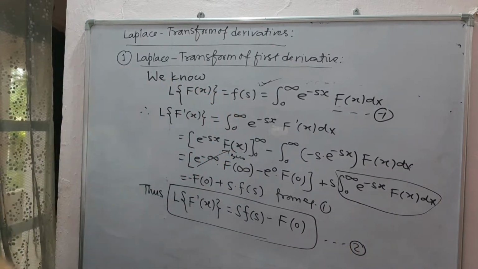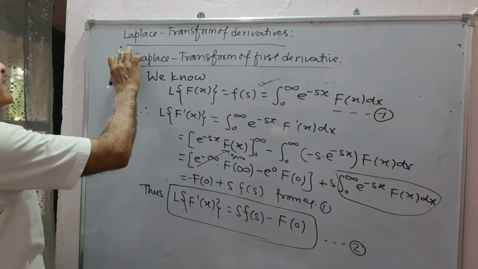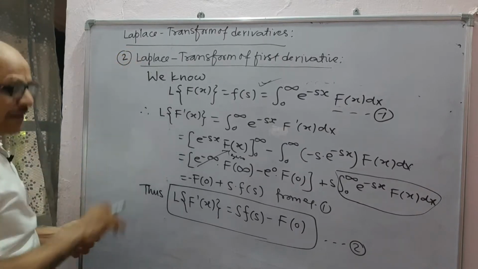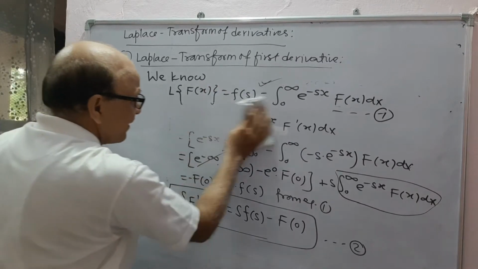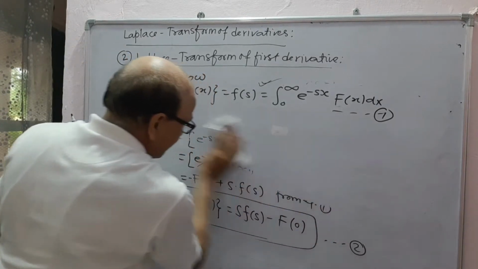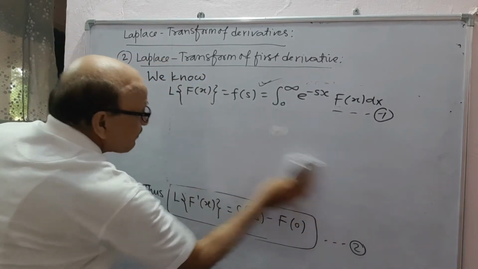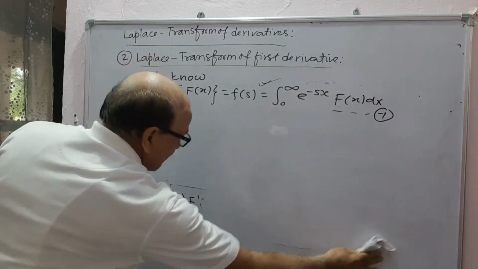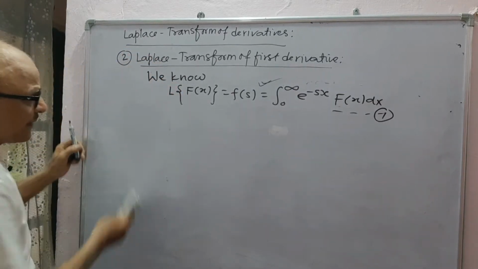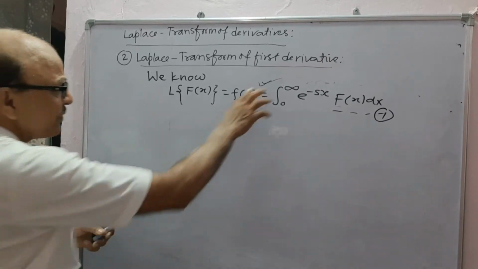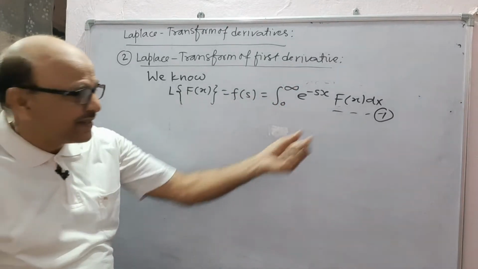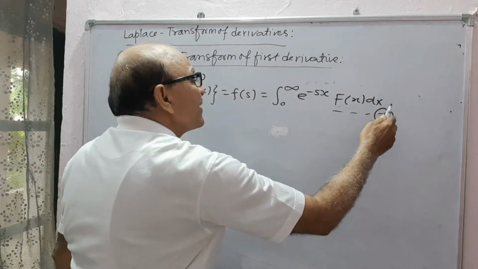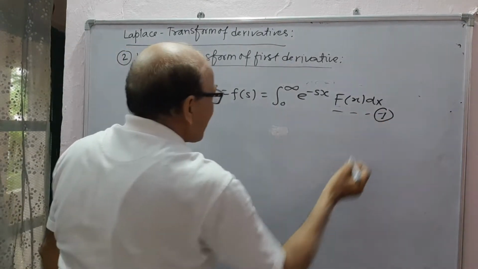Now we take Laplace transform of second derivative. Again we know Laplace transform of f(x) is given by this, suppose this was already equation 1.